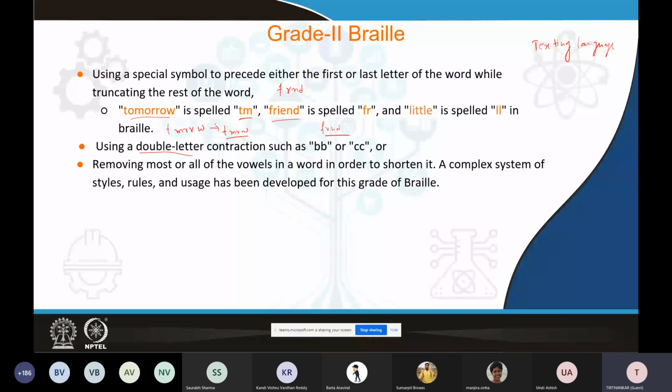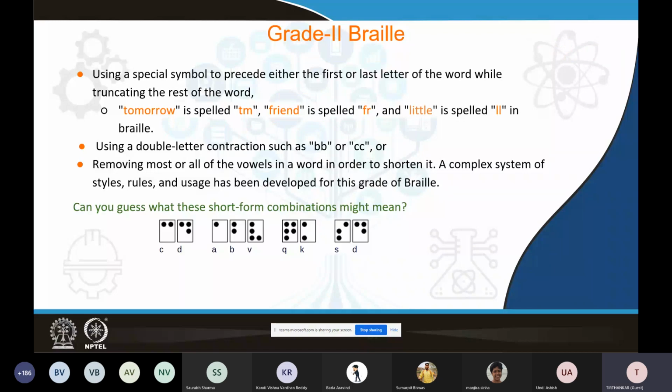In Braille also we normally use these contractions by removing the vowels and repeated characters, so that it saves us a lot of space and gives us a cost-effective solution.